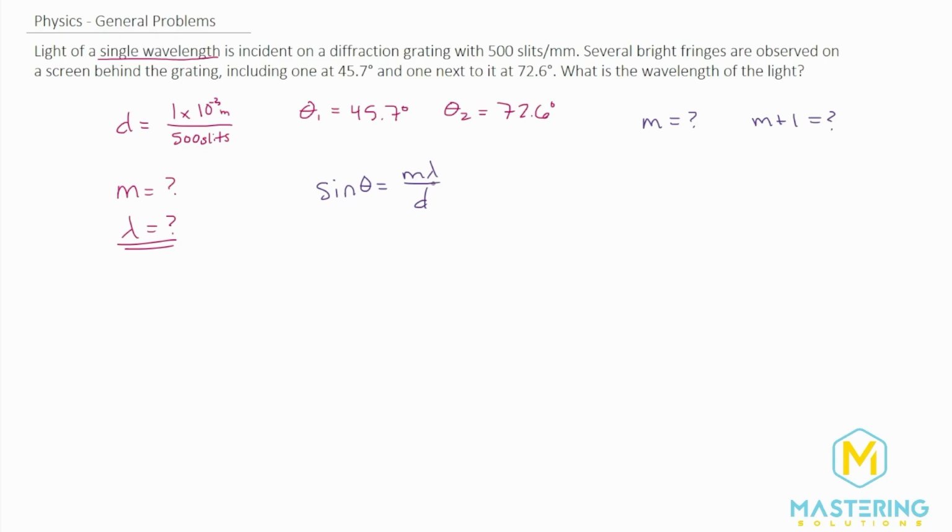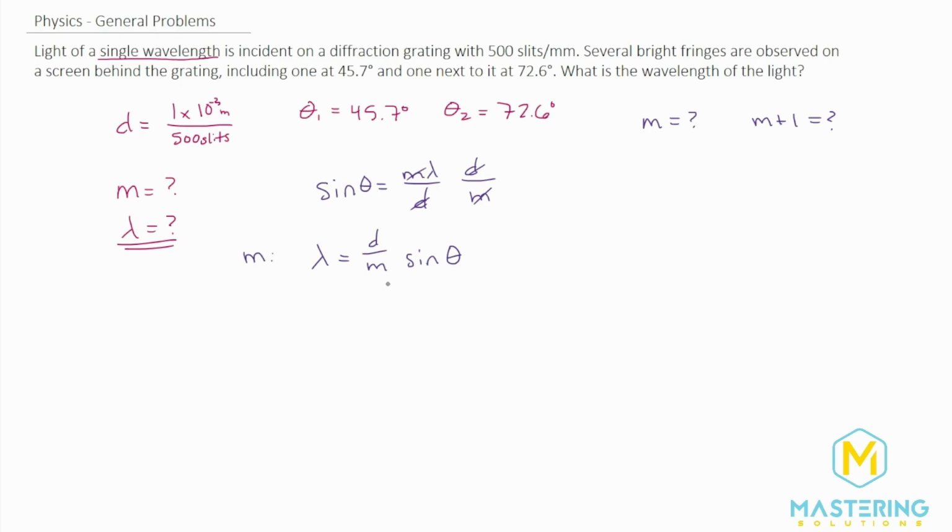So first, let's solve this equation for lambda. We'll multiply both sides of the equation by d, and then we'll divide both sides by m. So the d's will cancel, and the m's will cancel. Now lambda is equal to d over m times the sine of theta. So that's the first equation. This one would be for m.